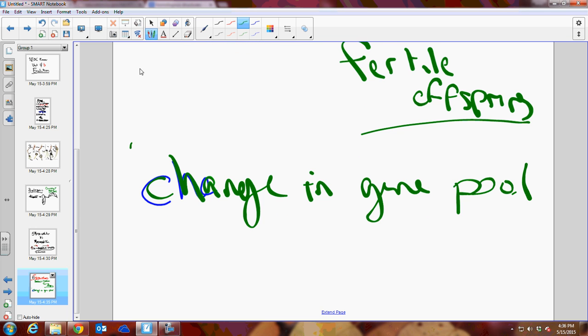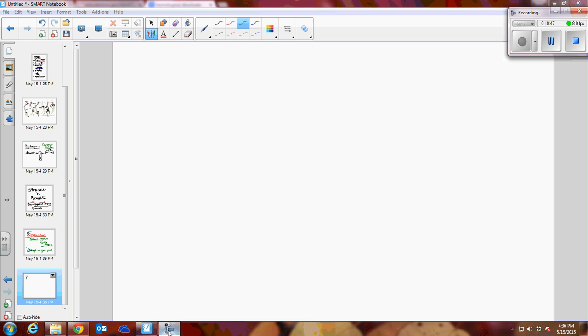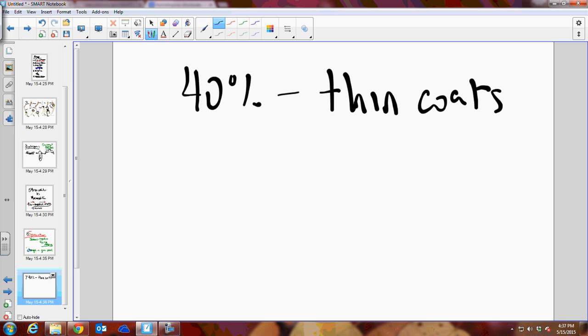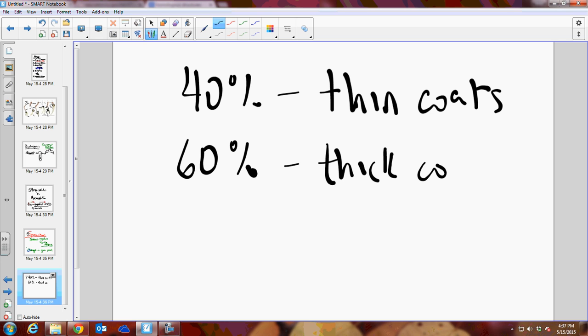And let me just use an example here. So let's say that in a particular population, well, let's go back to our deer reference from the previous video. Let's say that in a population, 40% of the deer have thin coats, and 60% of the deer have thick coats.